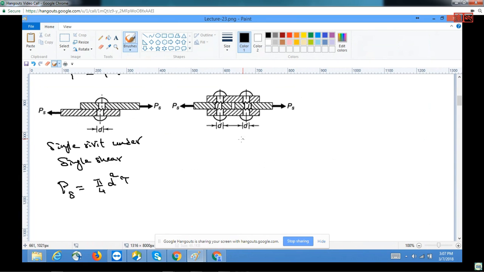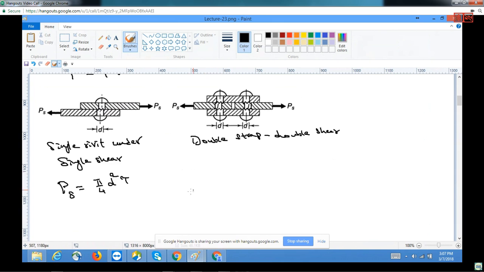Whereas there can be scenarios like this one, where there is one shearing and another shearing. So this is a double shear, and since you have a strap on this side and the other side, this is double strap failure.